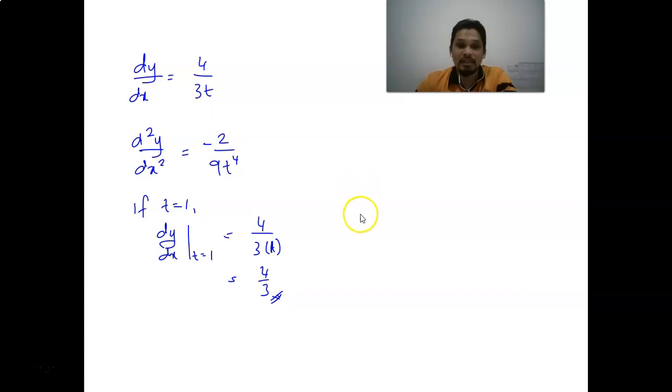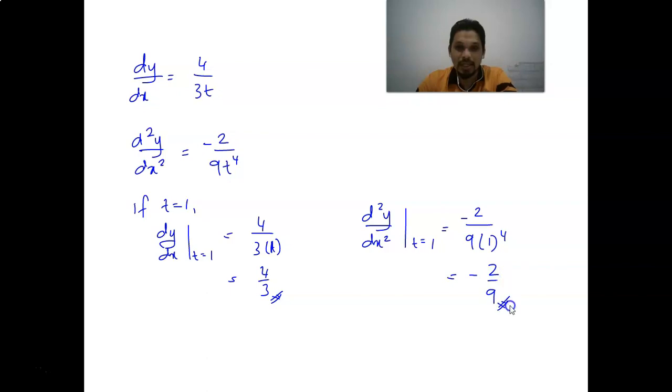And the second derivative of y with respect to x, where t equal to 1: here negative 2 divided by 9 times 1 to the power of 4, which is equal to negative 2 divided by 9. There you go.